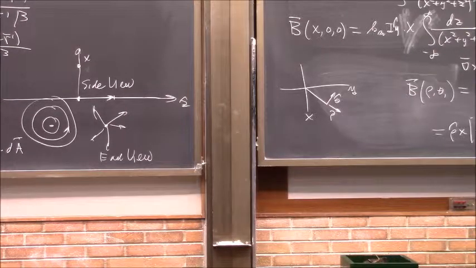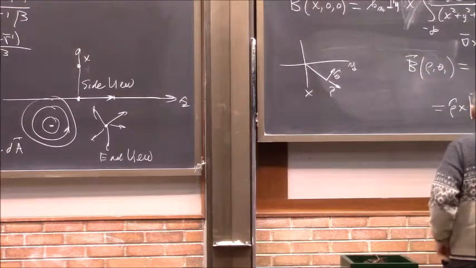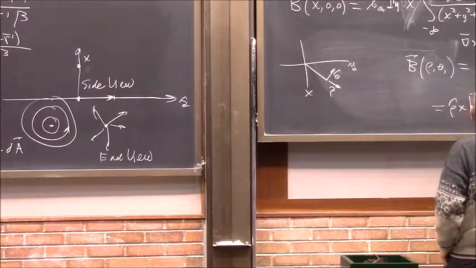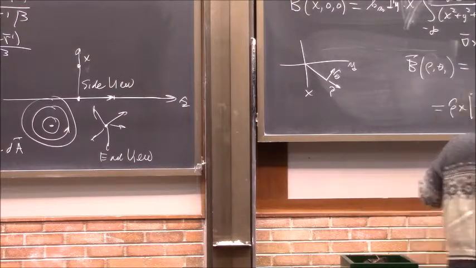Well, that isn't affected, mu 0 I over 2 pi rho. And d theta hat d theta was minus rho hat. Minus rho hat. Okay. And then d by dz, but that isn't affected. And rho hat cross theta hat, that's going to be a z hat.